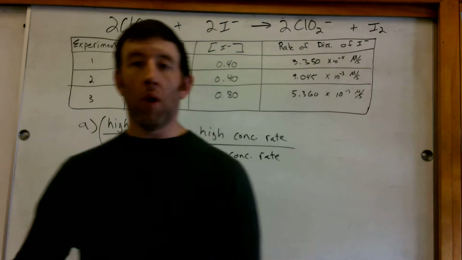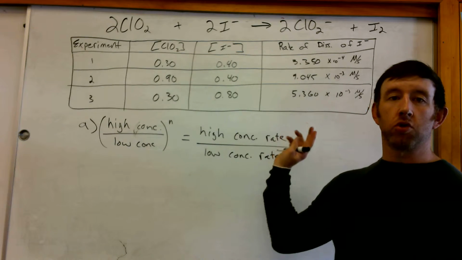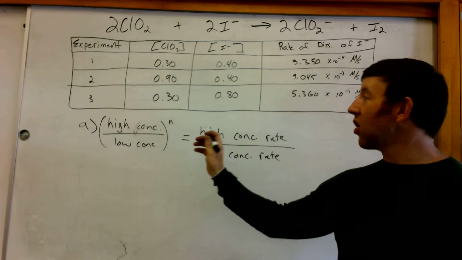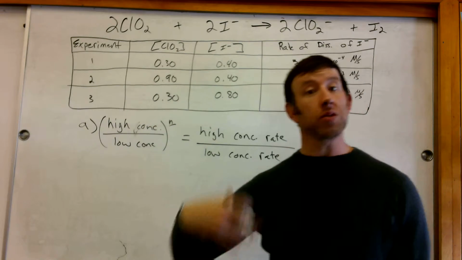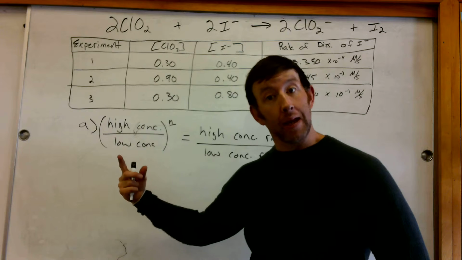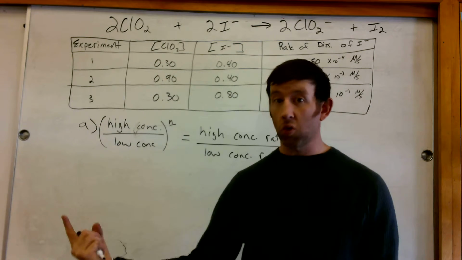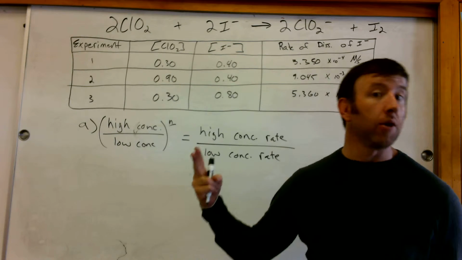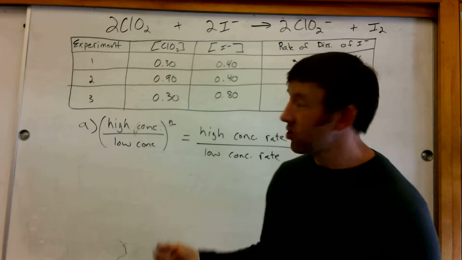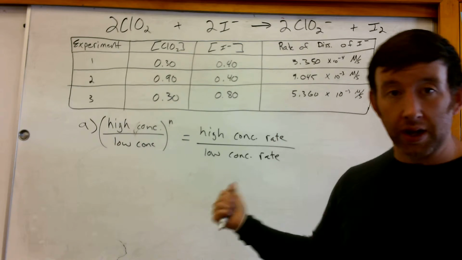I have my high and low concentrations and the corresponding rates, which are the numbers given on the table. What I'm going to solve for is that n. If n comes out equal to 1, I know that chlorine dioxide is a first order reactant. If n comes out to 2, it's a second order reactant, and so on. So really I'm solving for n in this equation.